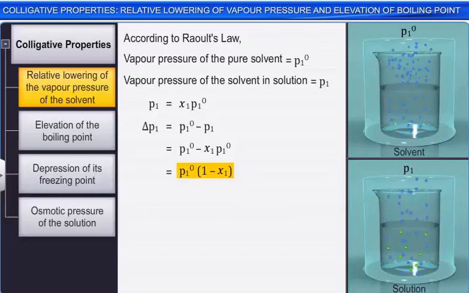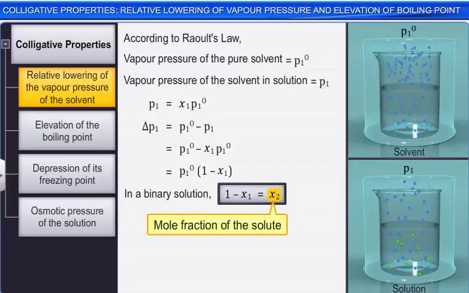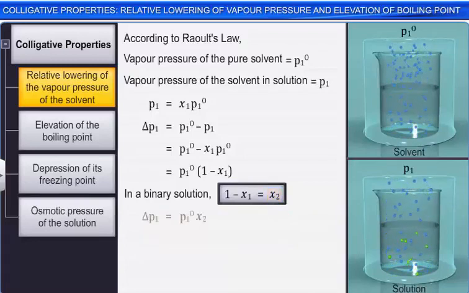In a binary solution, 1 − X1 is equal to X2, that is, the mole fraction of the solute. Therefore, the lowering in vapor pressure ΔP1 is equal to P1⁰ × X2.